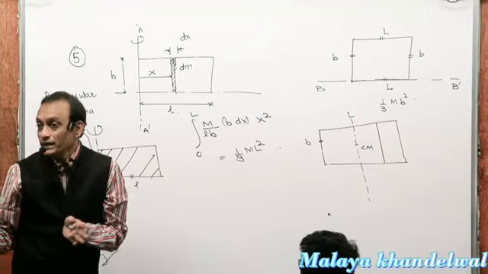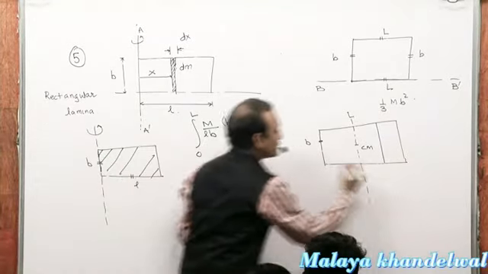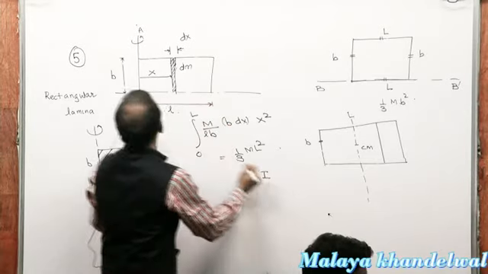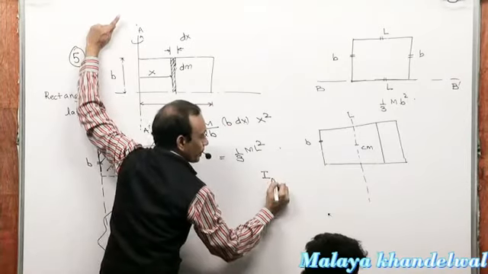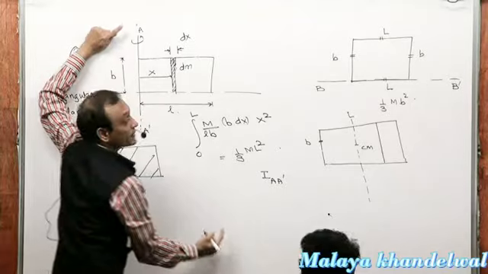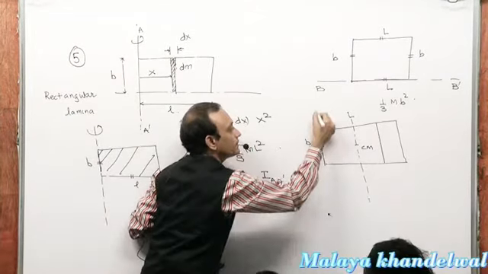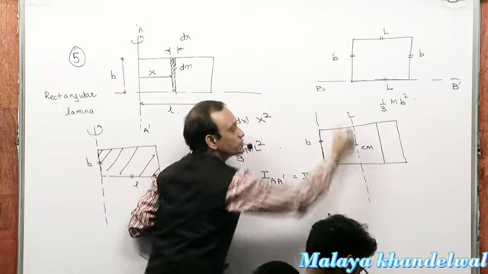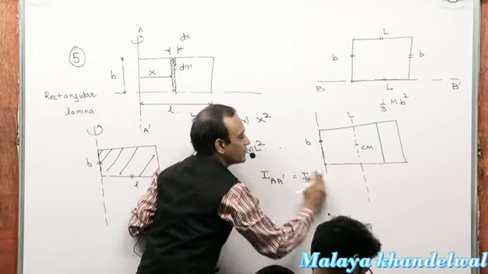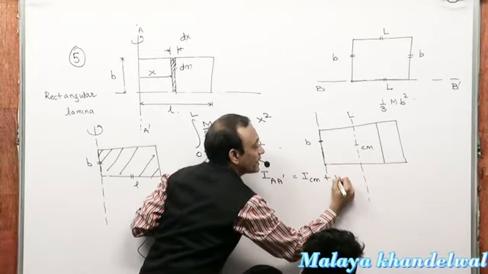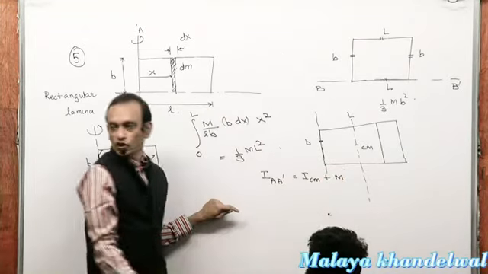You can simply apply the parallel axis theorem. How do you do that? I about AA prime, which we have computed, is going to be I about this center of mass axis, right? I'm going to apply the parallel axis theorem between this axis and this axis: I about the center of mass axis plus m into L by 2 whole squared, right?